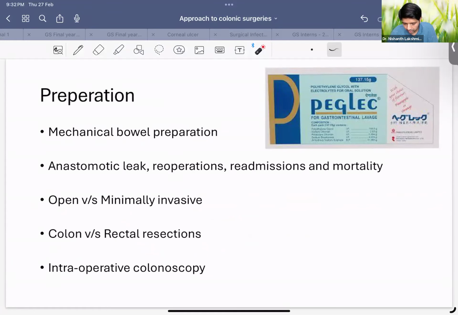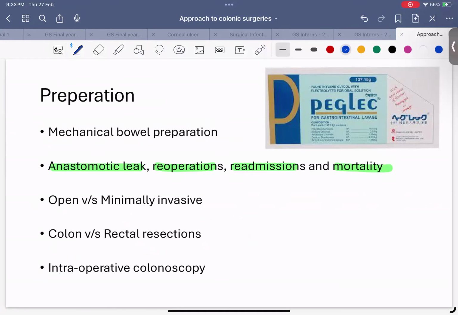Now let's move on to preparing the patient for surgery. Mechanical bowel preparation. I want you guys to tell me what is the impact of mechanical bowel preparation on anastomotic leak, reoperations, readmission, and mortality? The answer is the same for all four. Will it improve this or will it deteriorate this? No change, sir. No impact. Left-sided colonic surgeries in comparison to the right-sided.